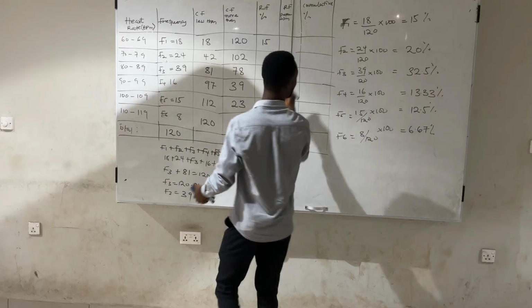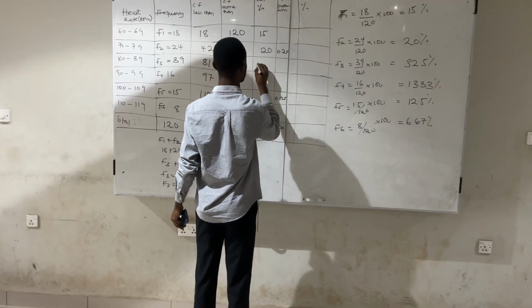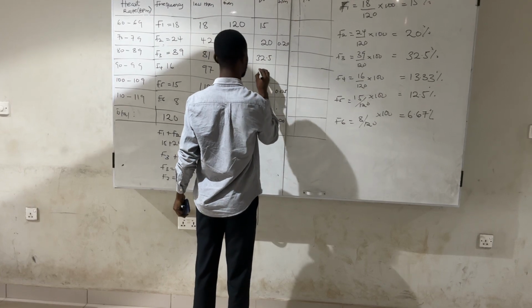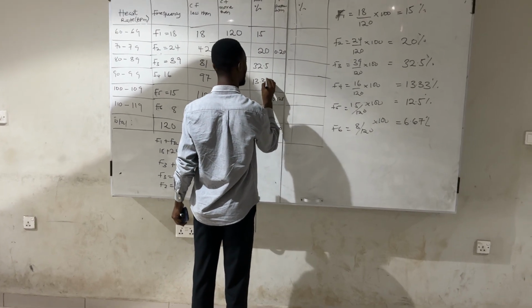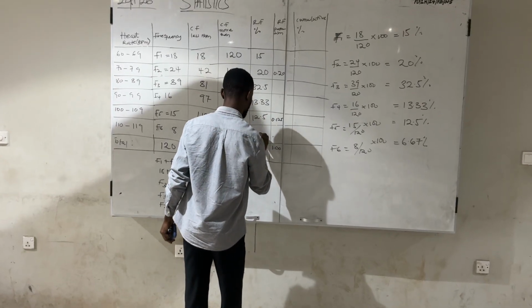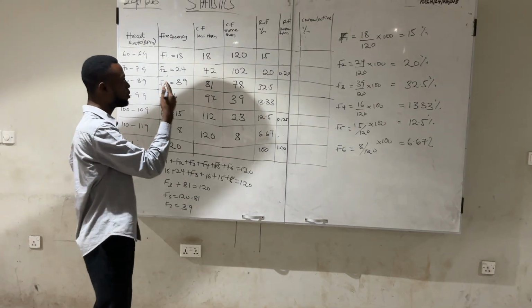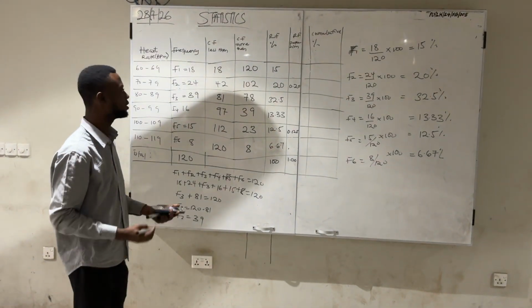So we are coming to fill the space. Here is 20, here is 32.5, here is 13.33, we have 12.5, and we have 6.67. So we've completed the relative frequency percentage.